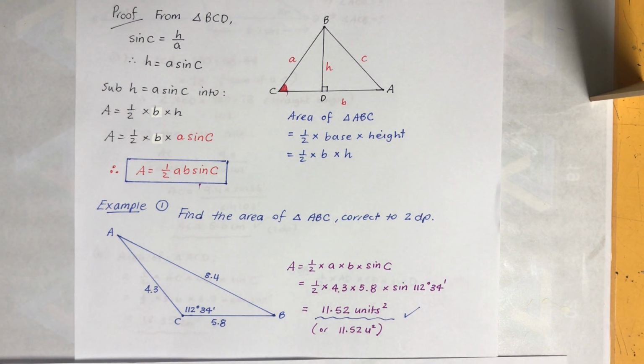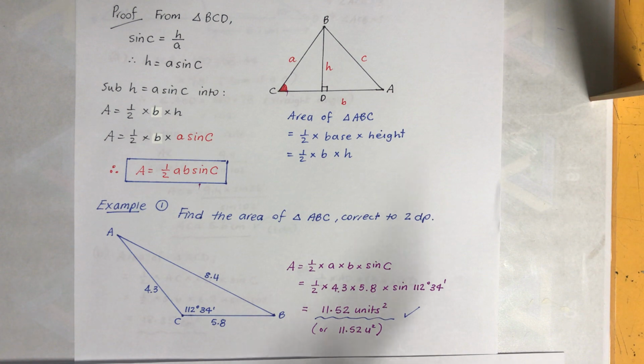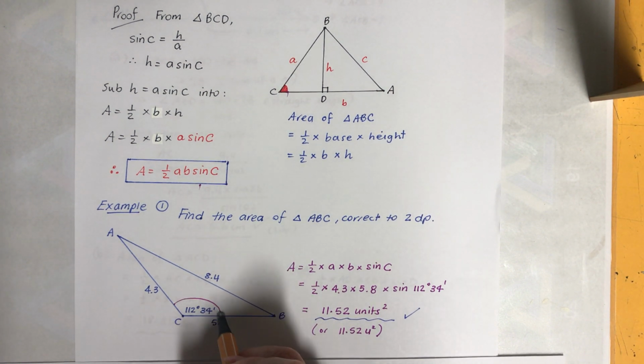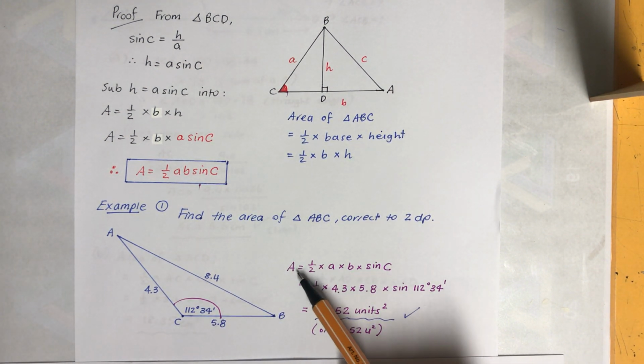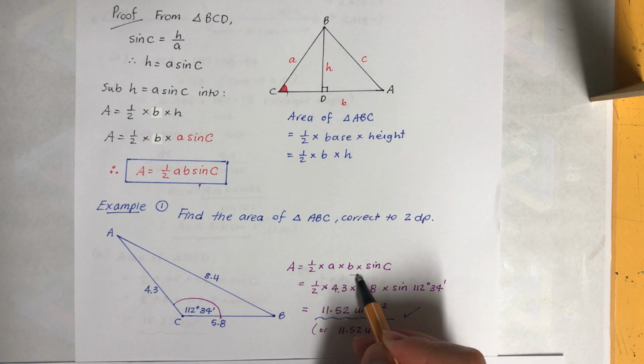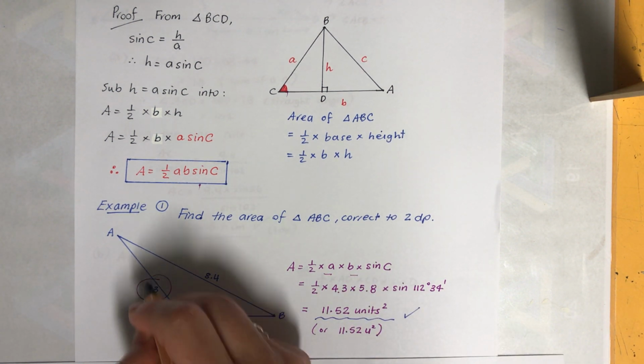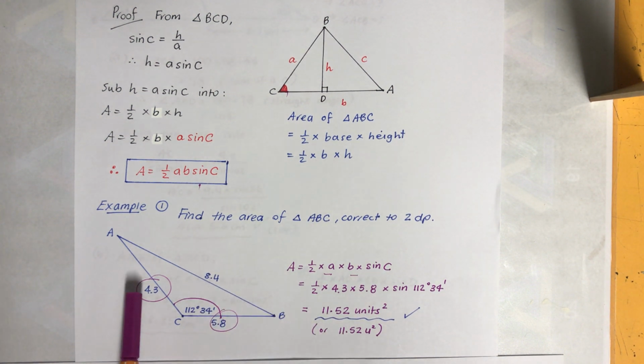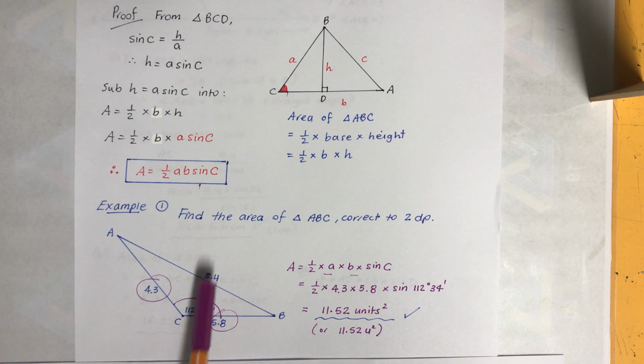Find the area of triangle ABC corrected to 2 decimal places. So that's my angle. Area is half times A times B times sine C. Now with this A and B business, it's just where it's right next to the angle that we're going to use. Not this one.